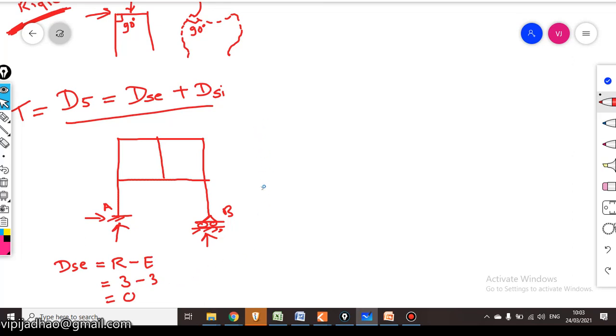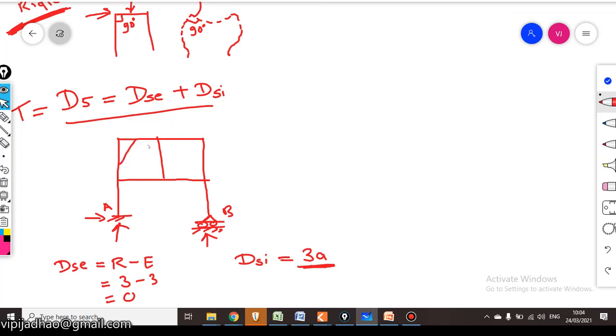But the internal static indeterminacy will also be there. This internal static indeterminacy DSI is given by the formula 3a. In this 3a term, a is the total number of areas of your frame completely enclosed by the frame members.